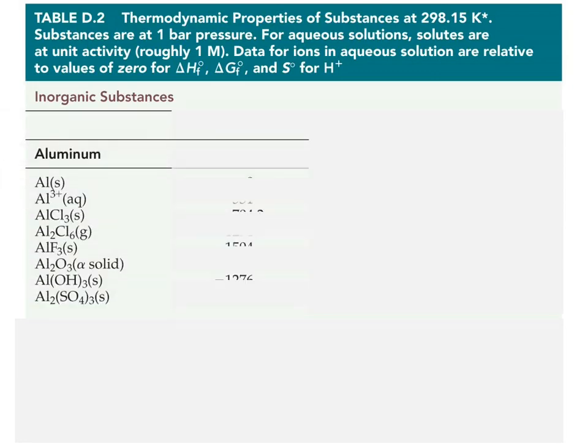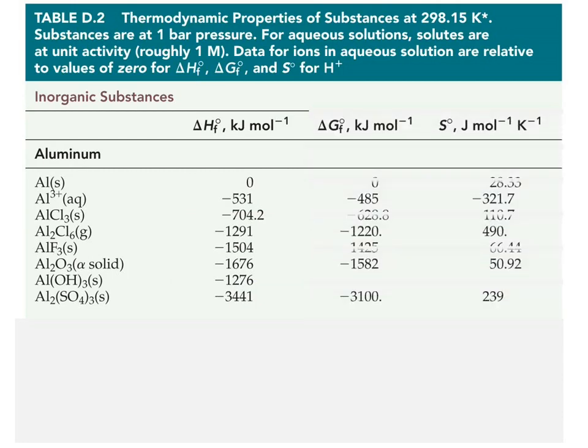Here are some substances. If you look back in your appendix, for each thing you're going to see 3 columns. Delta H sub F, that's the standard molar enthalpy of formation of that compound or element. Delta G sub F, that's Gibbs free energy of formation that we won't be talking about until general chemistry too. I love S. S is one of my favorite things because I can relate to it.